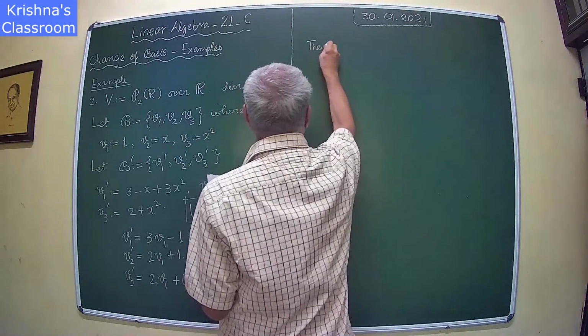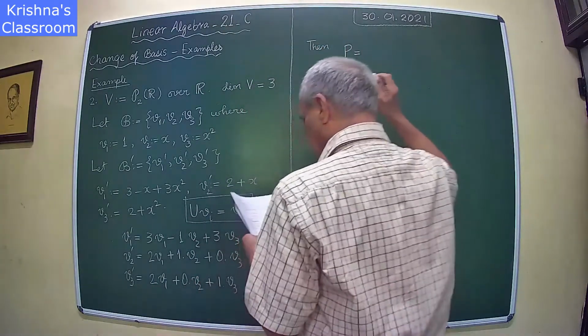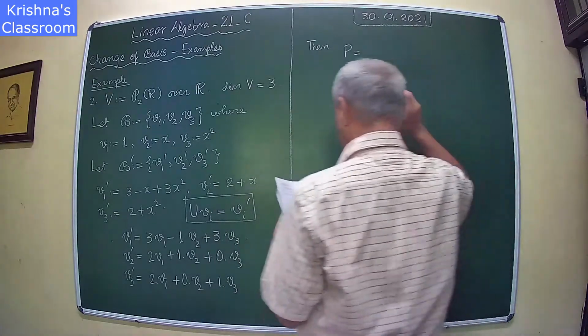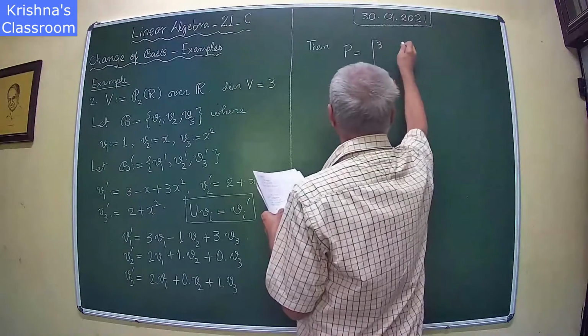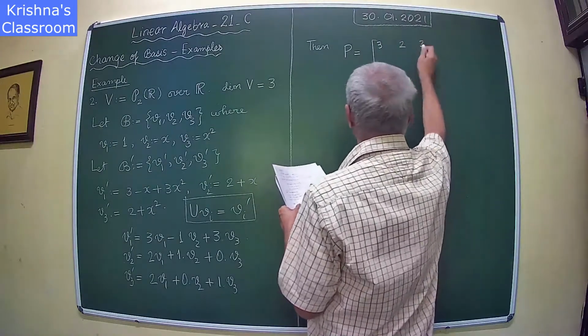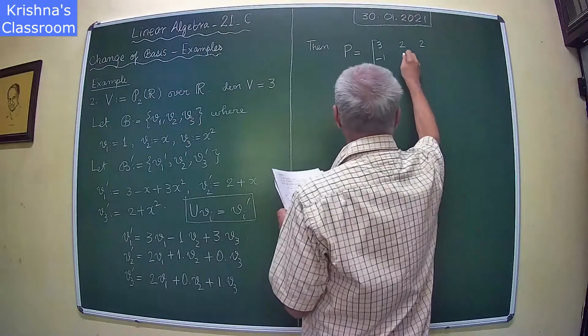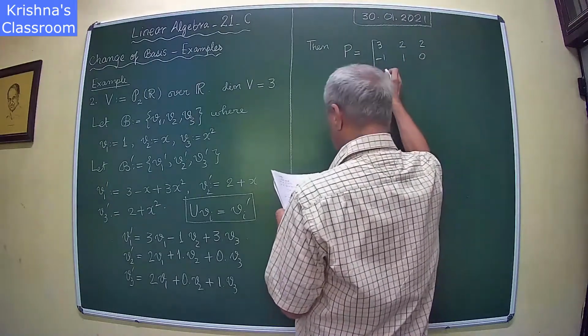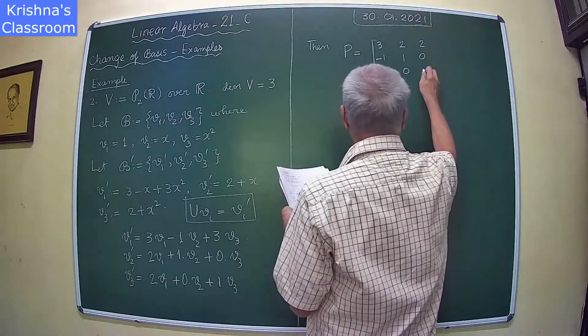Then the matrix P is given by 3, 2, 2, minus 1, 1, 0, 3, 0, 1.